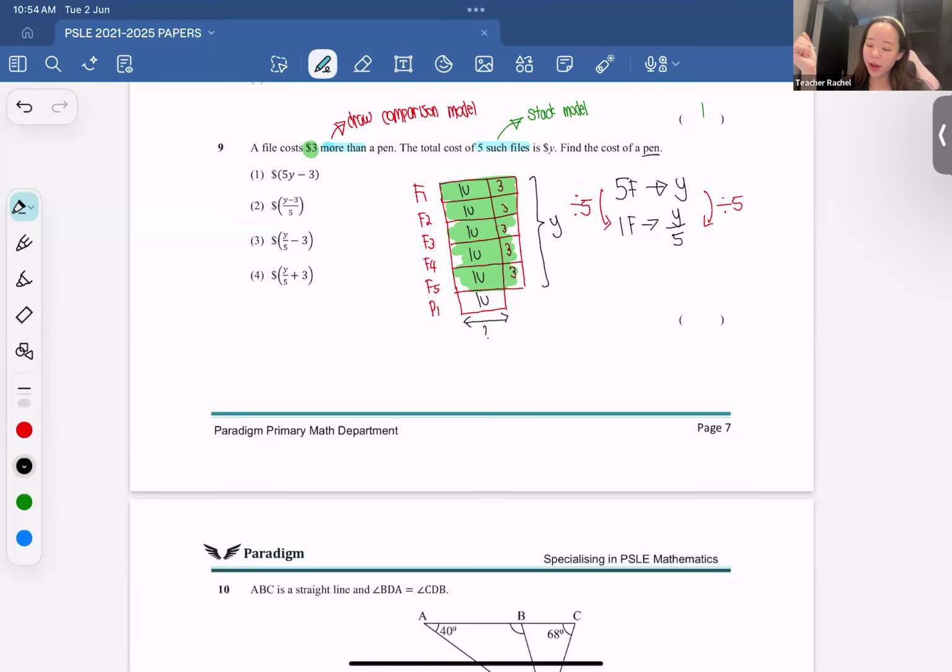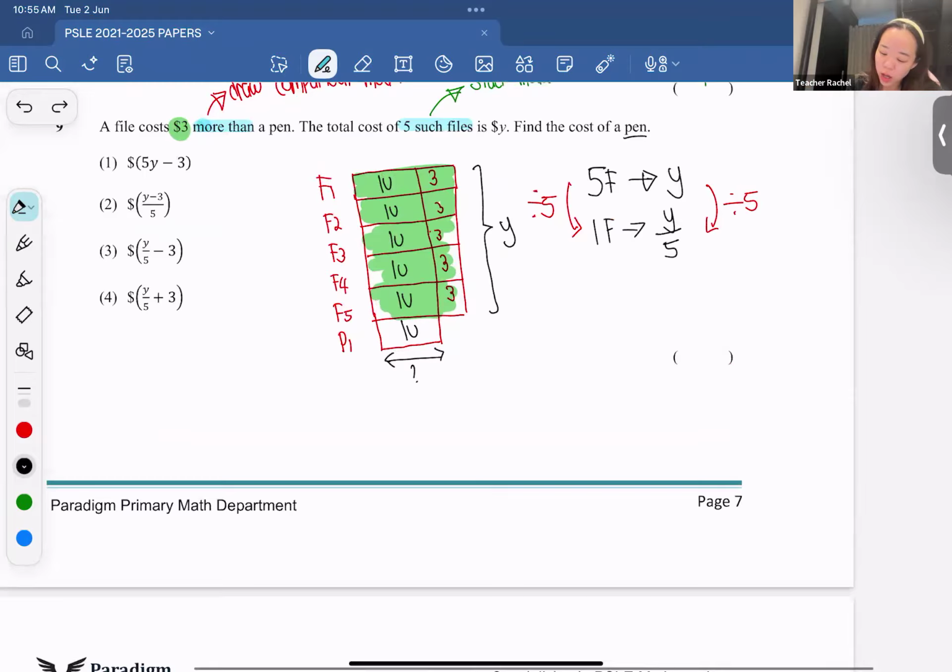And then I know that the pen is lesser than the file. So to calculate the one pen, I will just take Y over 5 minus 3. Can? So my answer will be number 3.